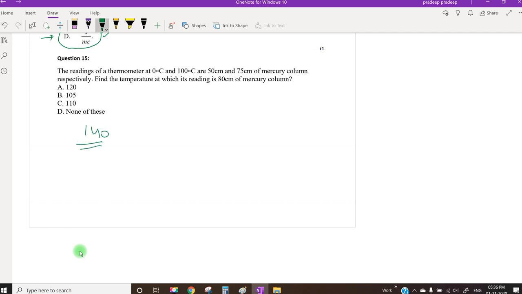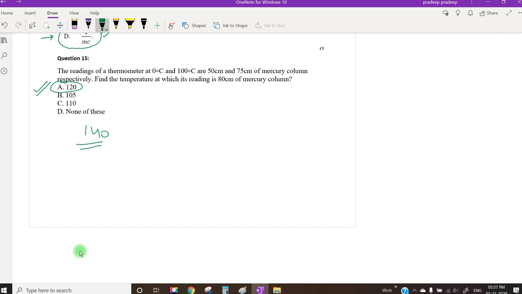Vaibhav, what's your answer? Sir, I got A. Okay. Saumil? Even I got A. Okay, Sheldon, did you solve this question? I got it as 120 by doing 80 minus 50 upon 75 minus 50. So the answer is correct. The answer to this question is 120.